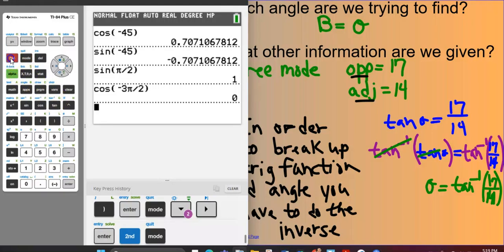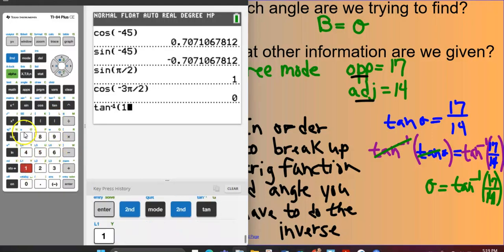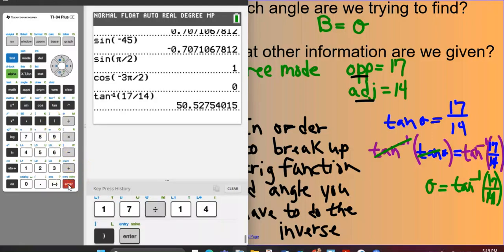So we need to hit the blue button, go to tan, and we're gonna do 17 over 14. And then we hit enter. And we found our answer to be 50 degrees.